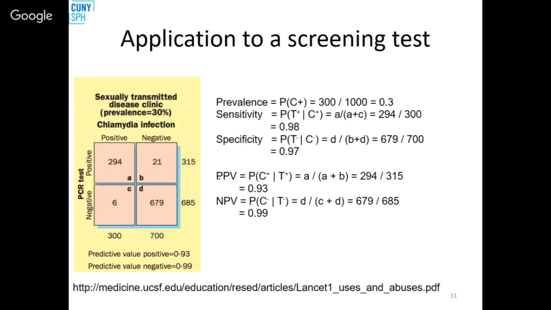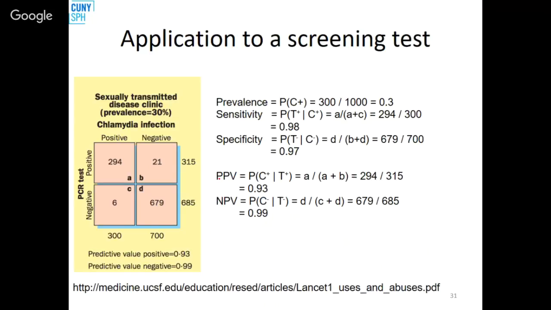But in general, I might not give you the table. I might just say you have a test with 98% sensitivity and 97% specificity. What are its PPV and NPV when you apply it to a population with 30% prevalence? What happens to those if you then apply it to a population with 1% prevalence?